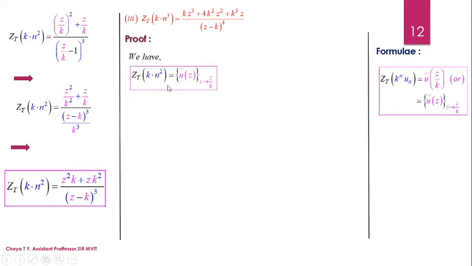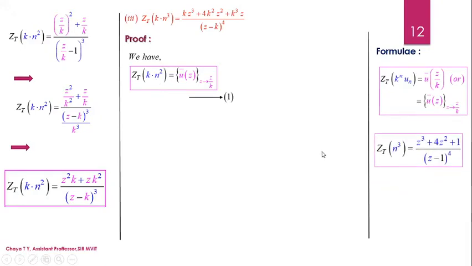When I first write the damping rule for the required proof, it becomes the Z transformation of the product of the terms k^n times n cube is u bar of z with z substituted as z by k. So what is u bar of z? U bar of z is the Z transformation of the sequence n cube. We are going to call this equation 1.